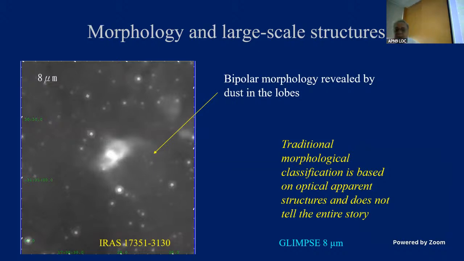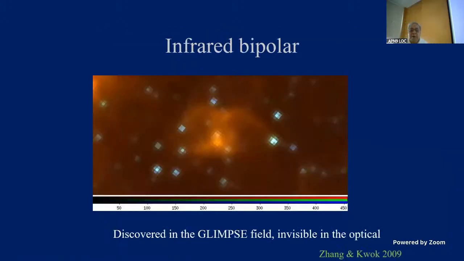Now, I'm going to say a bit more about infrared imaging. You have a well-known nebula here, but when you take an infrared image, you see a bipolar structure. So the optical appearance is not a reliable indicator of the morphological shape of a planetary nebula.